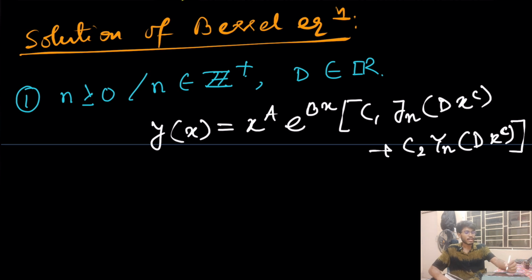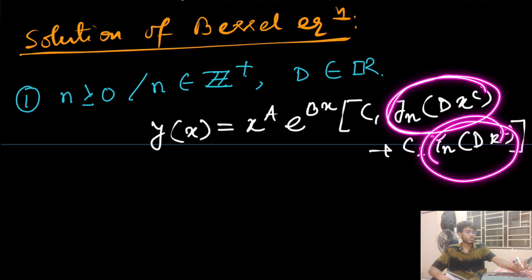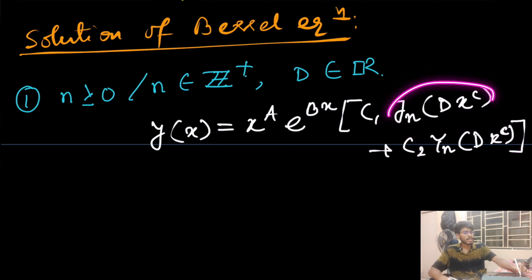Now I think you are wondering what these values are. This is the Bessel function of nth order of first kind. Let me write this separately.